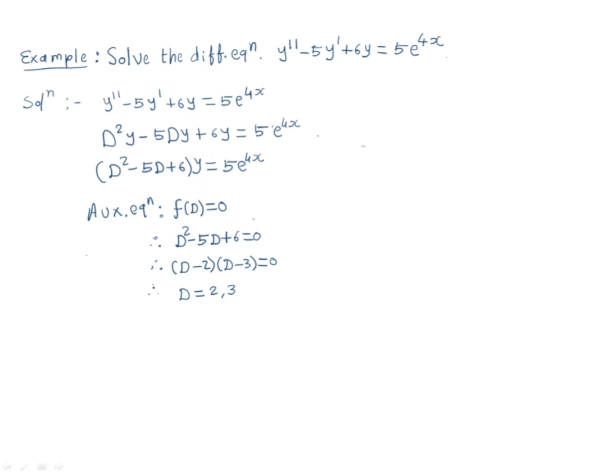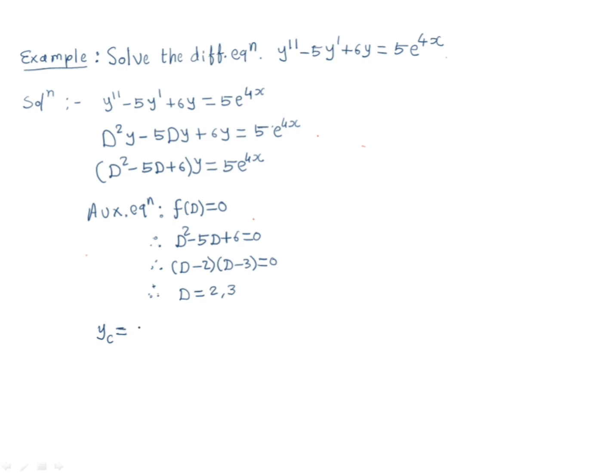Now both roots of this auxiliary equation are real as well as non-repeated, and we know how to write the CF for non-repeated real roots. As per our method, we can write the CF, which we are going to label yc.